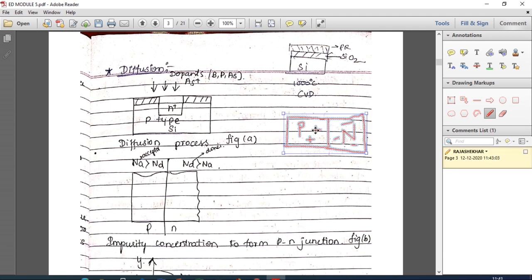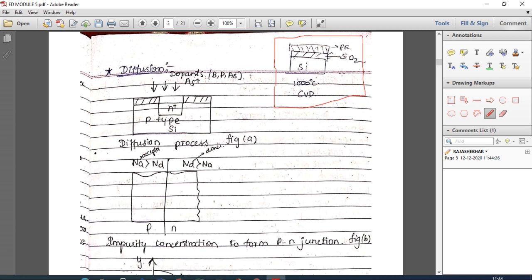Now, using the same idea, we are going to discuss how diffusion is used in fabrication and how it is related to thermal oxidation. First, I will consider one silicon substrate, which is shown here. This is only for the explanation, just for understanding how we are going to do the diffusion.